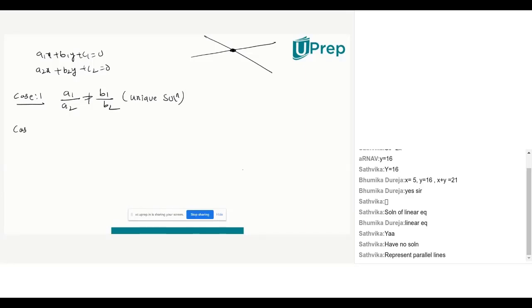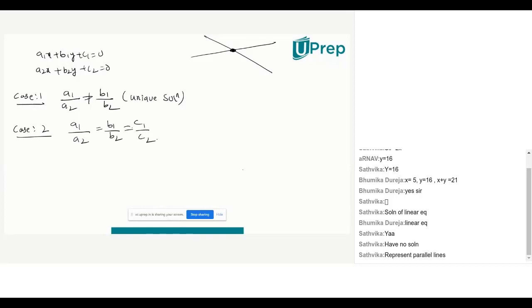Case 2. What is case 2? a1 by a2 is equal to b1 by b2 equal to c1 by c2. What does it mean?